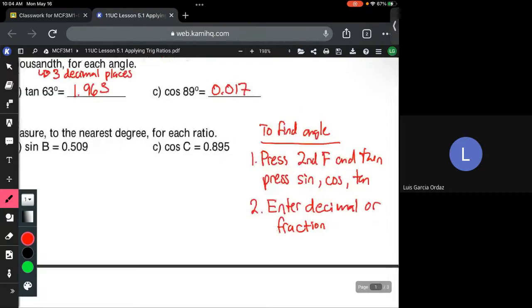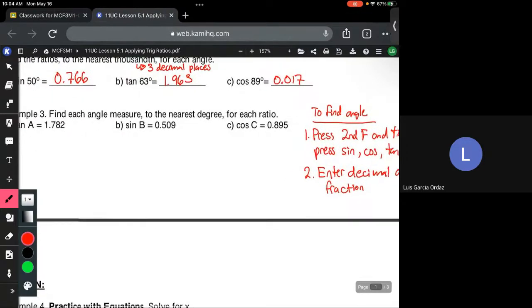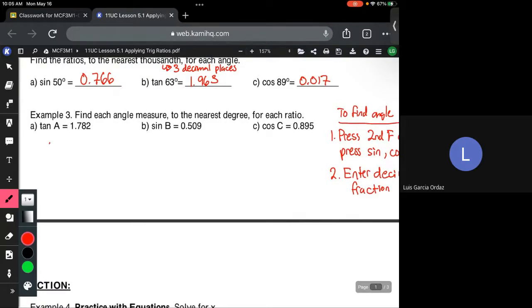So for the first one, you have tan of 1.782. To find that angle, you're going to press the second function with the tan to the -1, and then 1.782.